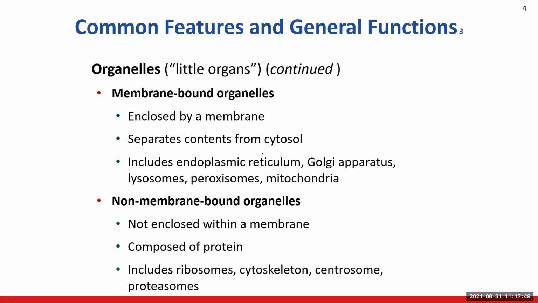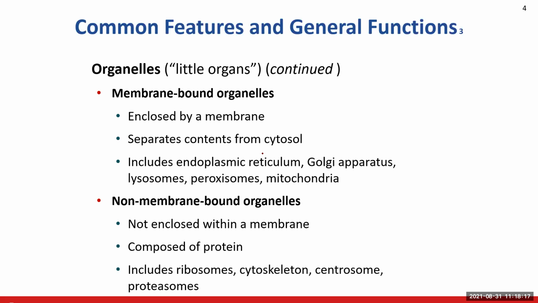And usually that's because whatever function these organelles are engaging in, they need a little bit of privacy, and whatever they're making or doing could be potentially harmful to the cell. So we want to secure them and partition them off.